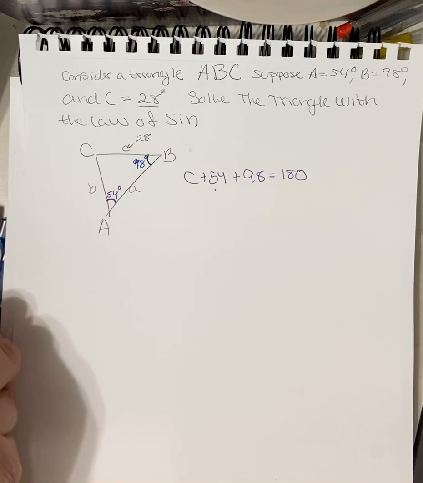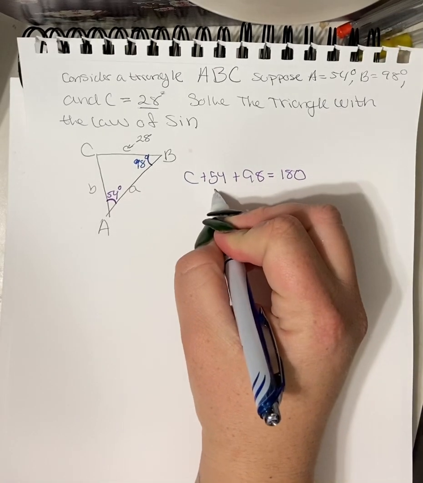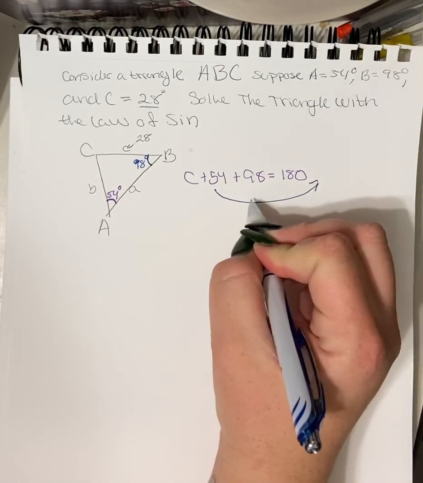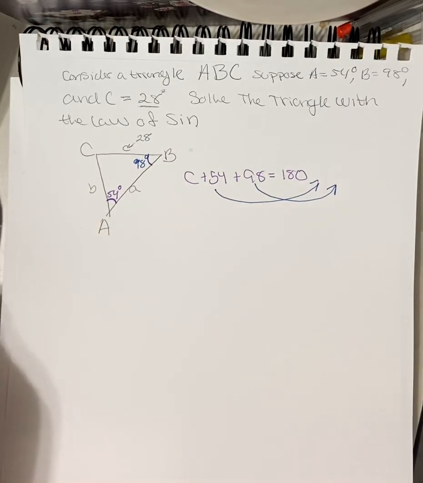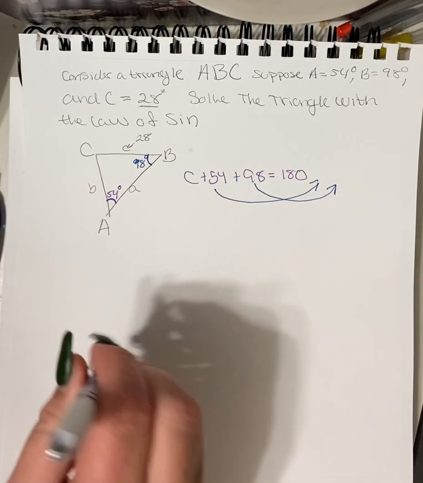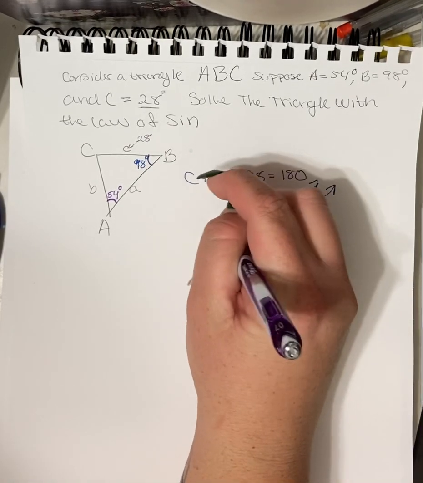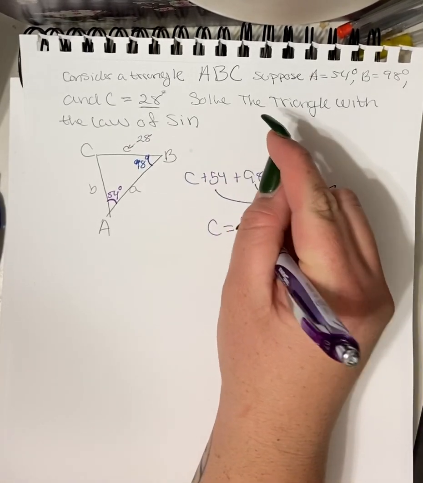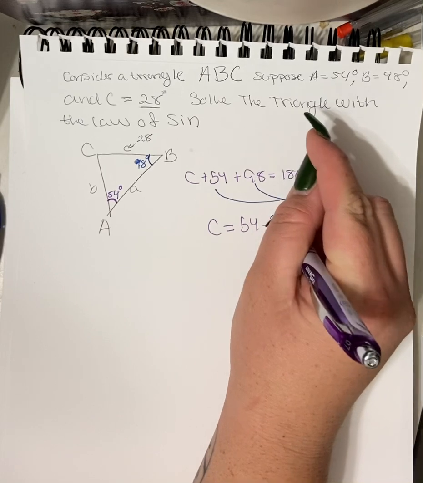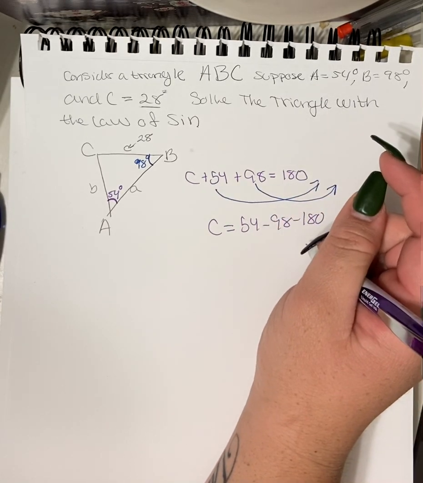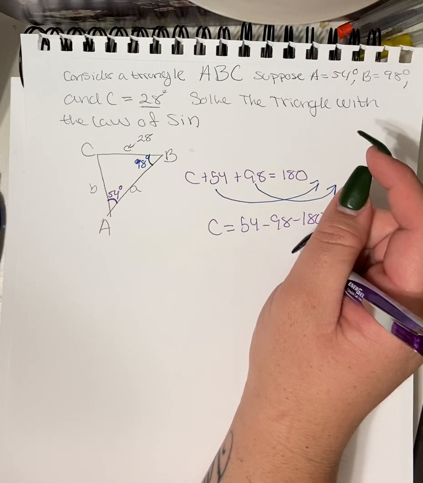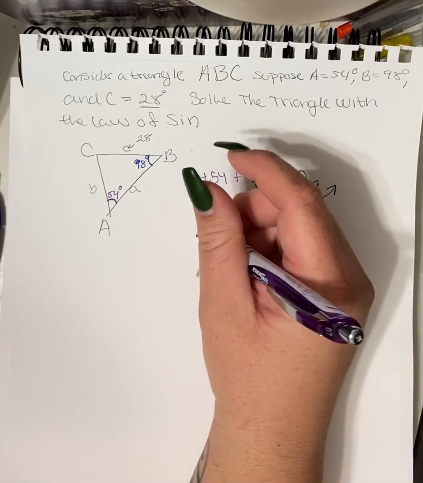So I'm going to use my blue pen, and we're going to do these arrows. We're moving these guys over here, okay? So now it's going to be C equals 54 minus 98 minus 180. Actually, let me redo that.